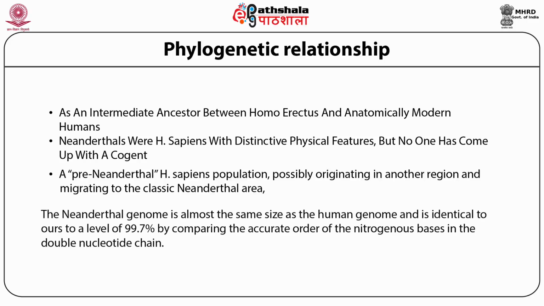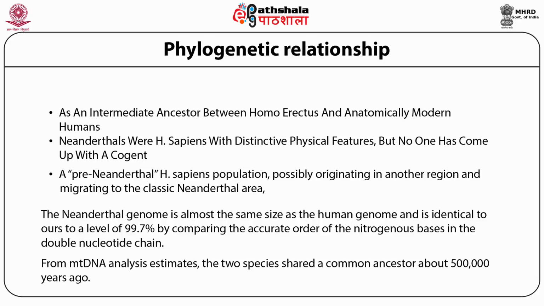The Neanderthal genome is almost the same size as the human genome and is identical to ours to a level of about 99.7%. By comparing the accurate order of the nitrogenous bases in the double nucleotide chain from mitochondrial DNA analysis, scientists estimate the two species shared a common ancestral stock about 500,000 years ago.